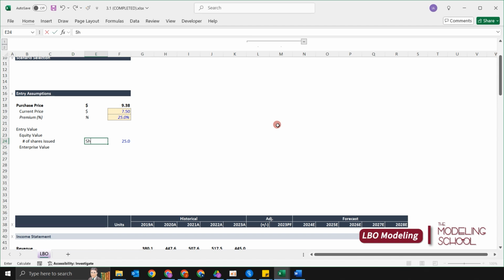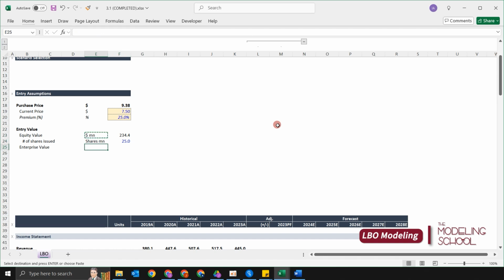So this is going to be in million shares. So equity value in million terms should be the purchase price times the number of shares. So $234 million.